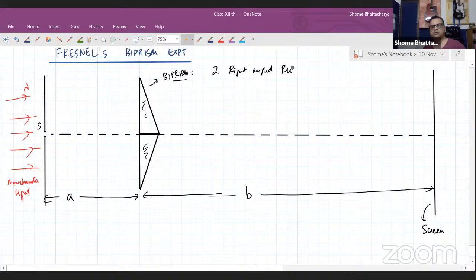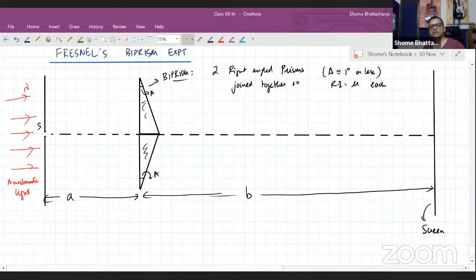Now they are of very small angle A each. So the angle is typically of the order of 1 degree or less. Very, very small angle prisms. And refractive index mu each. Joined together at the base. That kind of thing.